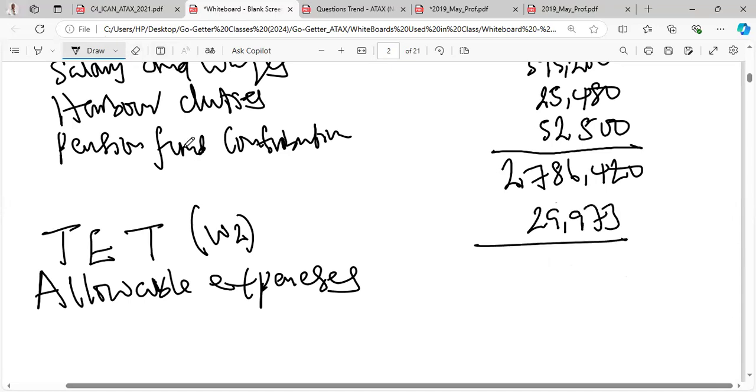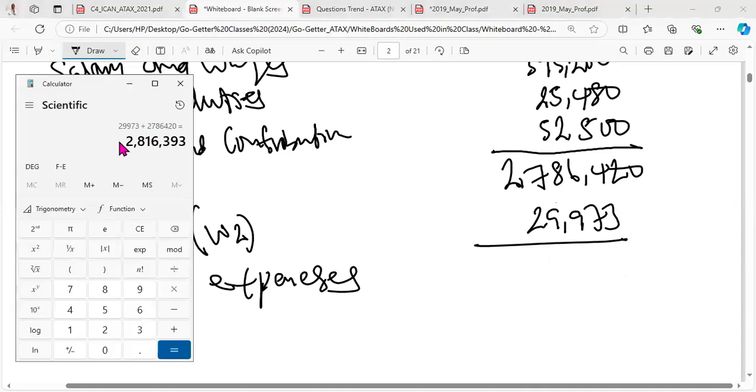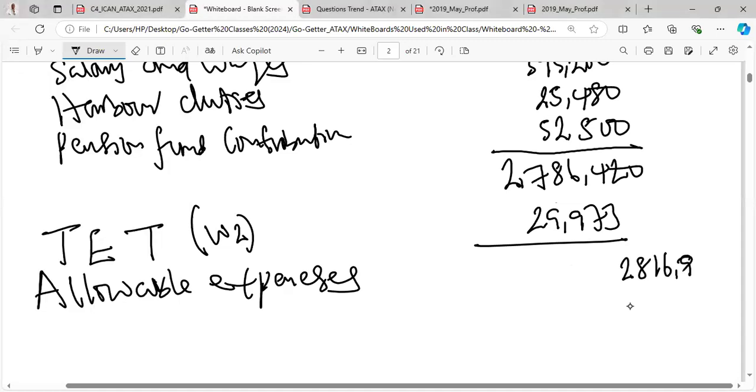Then the thing we got here is 2,816,393. So we are going to be minusing it from, so this is it here.